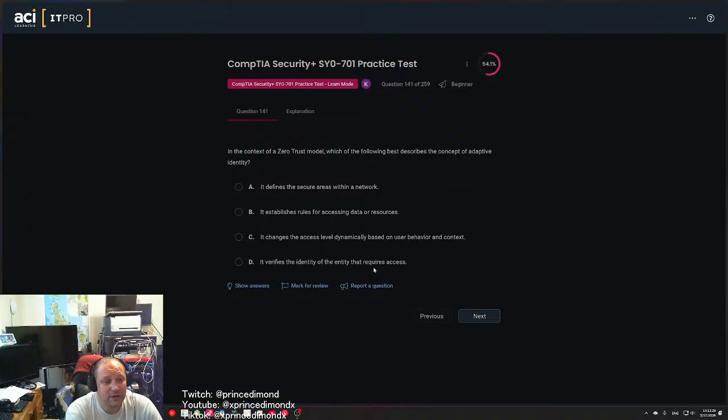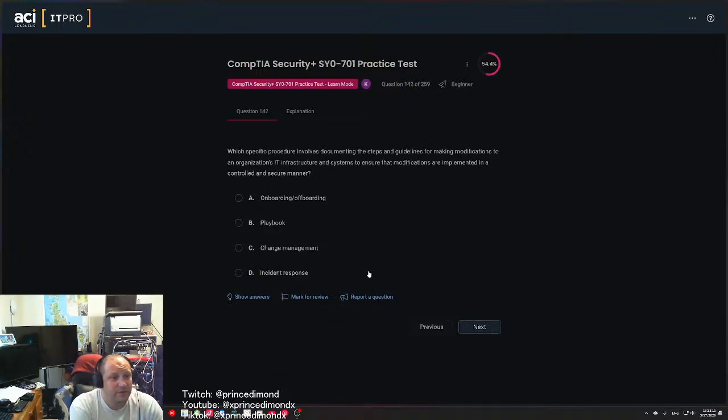Verifies the identity that requires access. So I'm going to say it's going to change dynamically based upon behavior and context. So if the behavior starts to get erratic, you're just gonna disable that account. So that is correct.